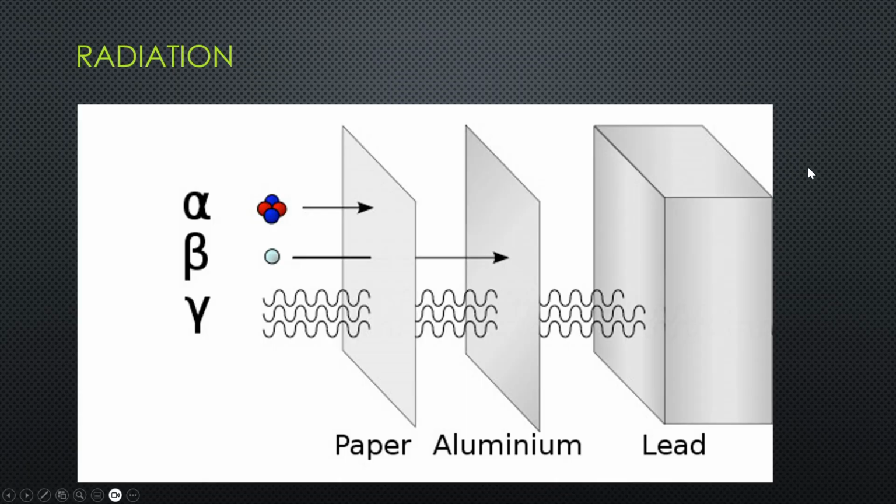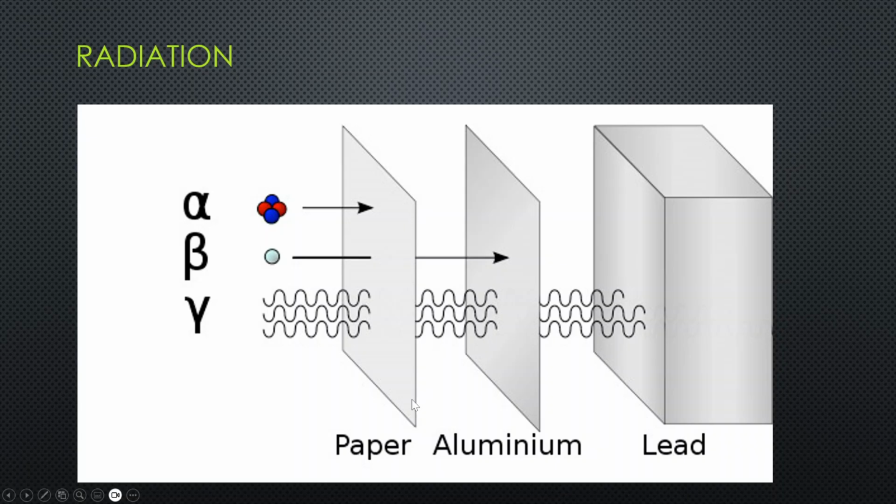All right, so this is an overall picture, and this is the top of your notes. We have the alpha particle here with our 2 protons and 2 neutrons. So color that in whatever 2 colors you want. Note you're going to make a key there too, which ones are protons, which ones are neutrons. Alpha particles can be blocked by paper.